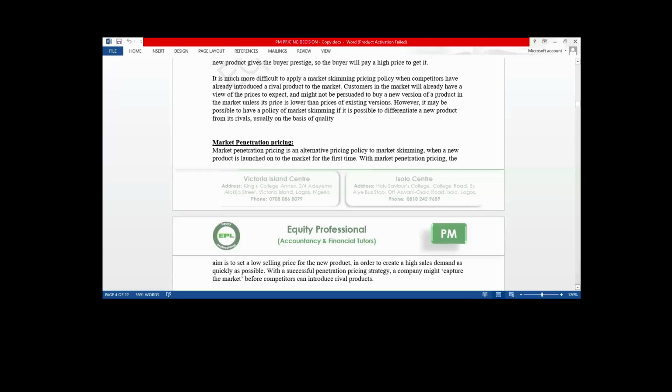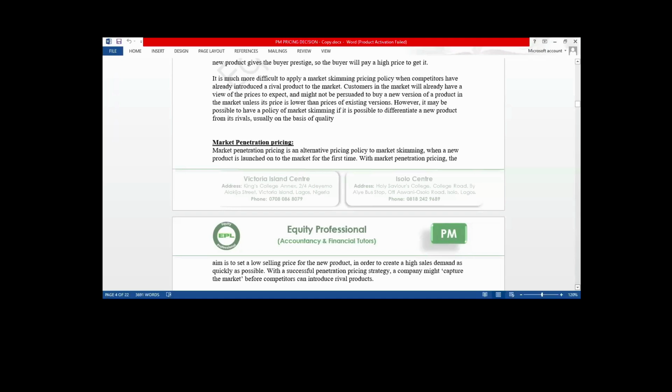It's an alternative to market skimming pricing. It involves charging a low price when a new product is introduced to the market for the first time.